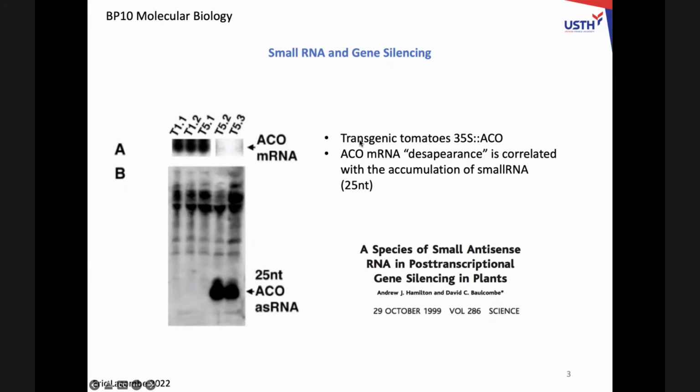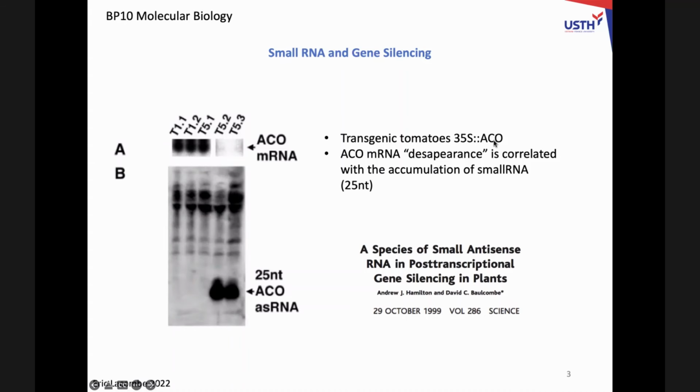So I explain to you a little bit this experiment. What they did, they used tomatoes for this study. The idea is they were working on fruit maturation, because it's a very important economical problem. And the maturation of the tomato fruit is under the control of a plant hormone, which is ethylene. They wanted to modulate, using a transgenic approach, the response of tomato to this hormone.